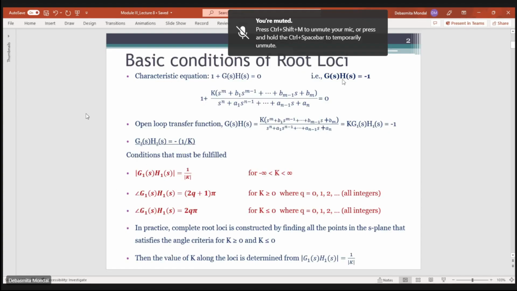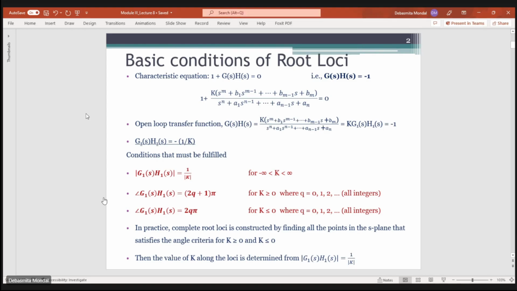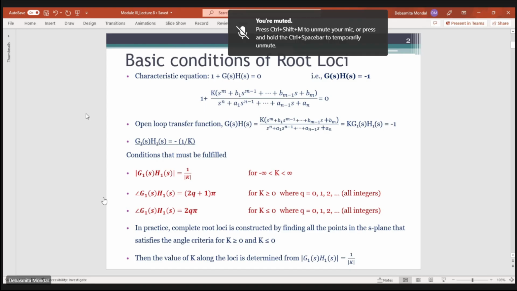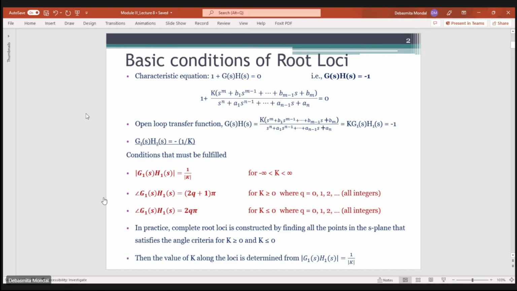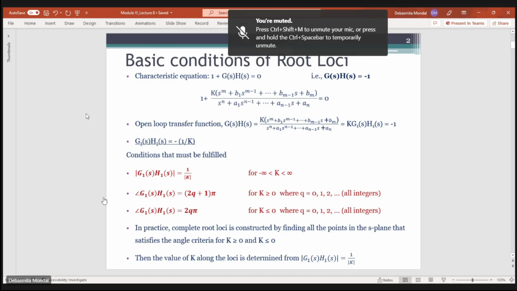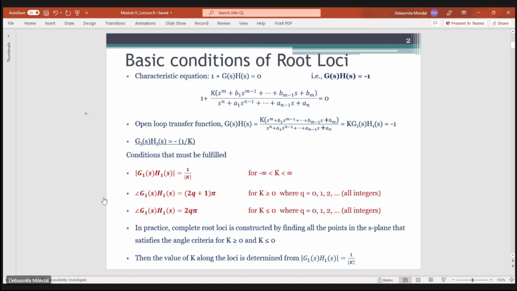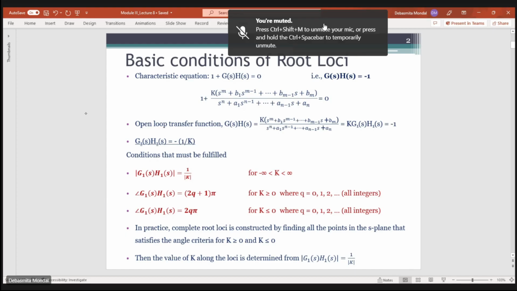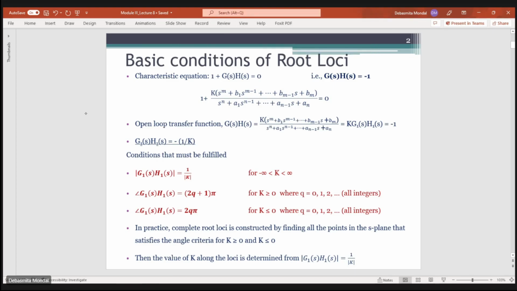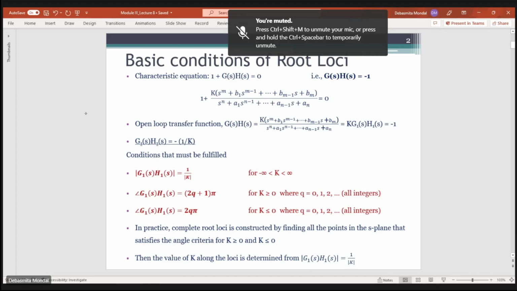We saw in yesterday's class that there are certain basic conditions of root locus. There are two conditions. One is the magnitude condition, which is given by this: the magnitude of G1(s)H1(s) will be equal to 1 by k, where G1(s)H1(s) is the transfer function which does not contain the variable term.